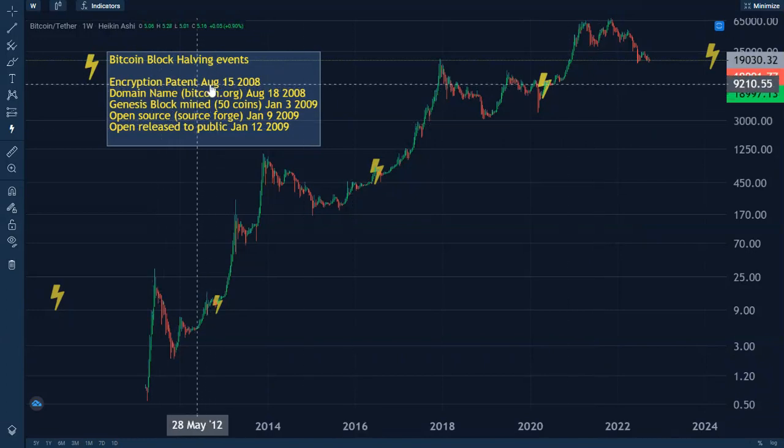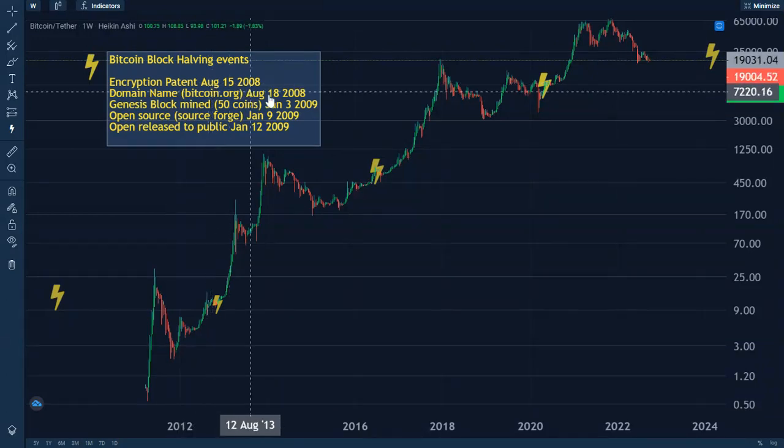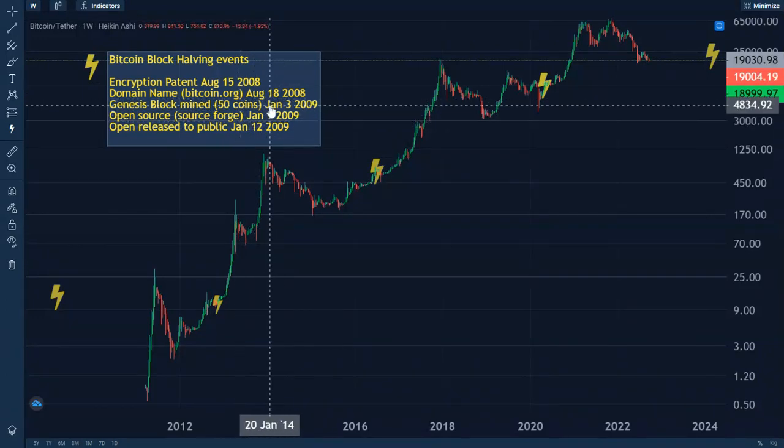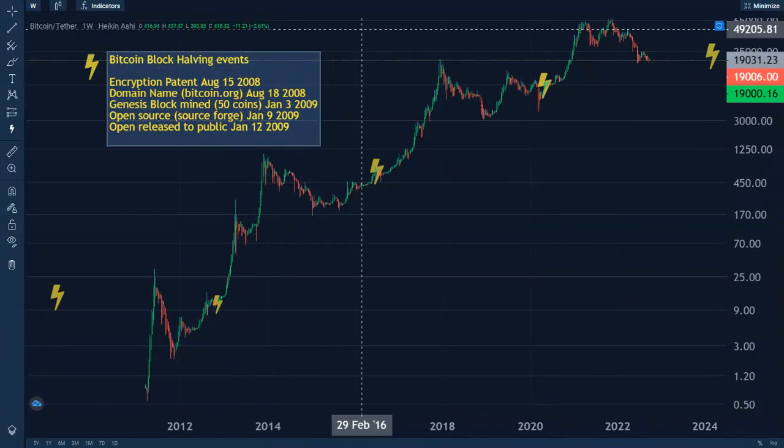Also, I just wanted to talk about really quickly the events that started Bitcoin and the dates that we need to be aware of in the future. Now, August and these January months, those periods represent the beginnings of Bitcoin.